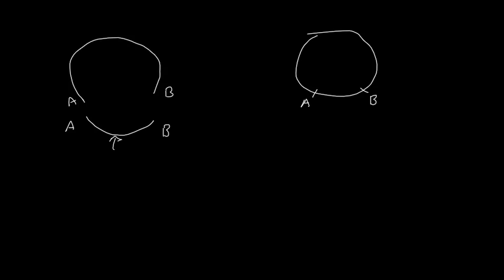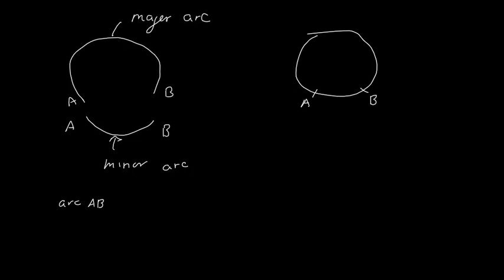Now arc which is smaller in length is your minor arc, and this which is larger in length is called major arc. I will say arc AB.